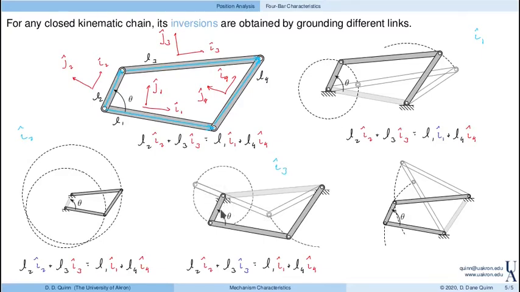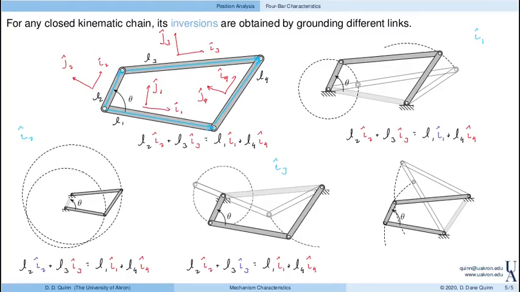So here link 2, if that's considered to be the input, notice that as this angle theta undergoes complete rotation, link 2 undergoes a complete rotation, and link 4 rocks back and forth. These two are again very similar, just with different grounded links. Here I've shown the other limit position, where link 2 goes off to the left, and then link 1 comes back to the right. So these are folded back on one another, and that gives an extreme position for link 4.